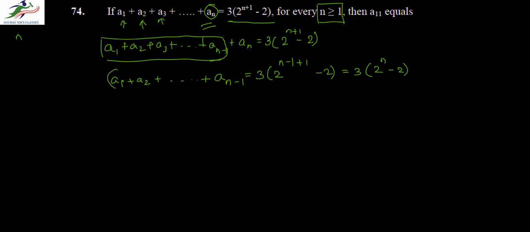So if I subtract this series from this series, then we will get the value of an, because an is the term which is not there in the second series.